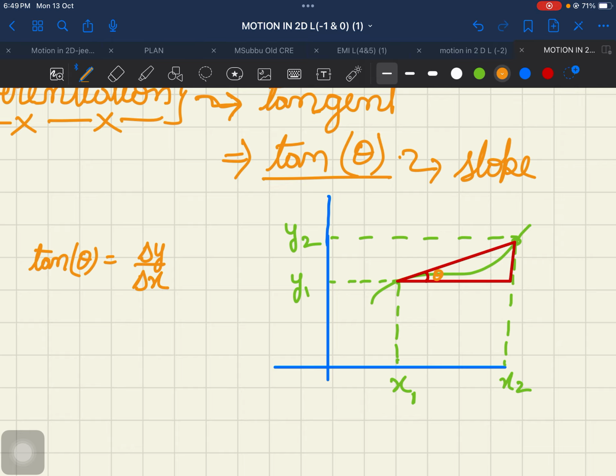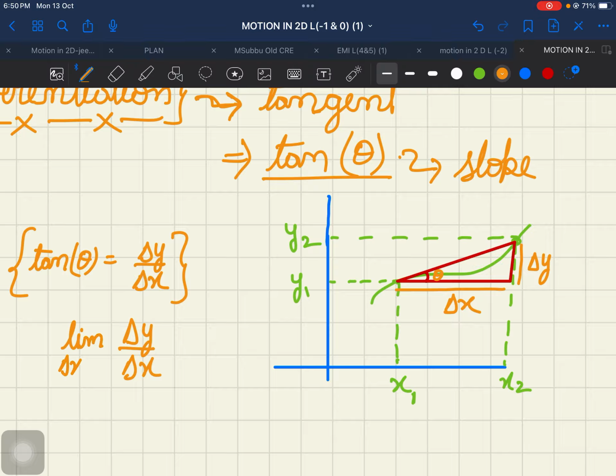This is your delta y, and this is your delta x. So this is your tan theta in this case, but if the limit of delta x tends to 0, this will become dy by dx.